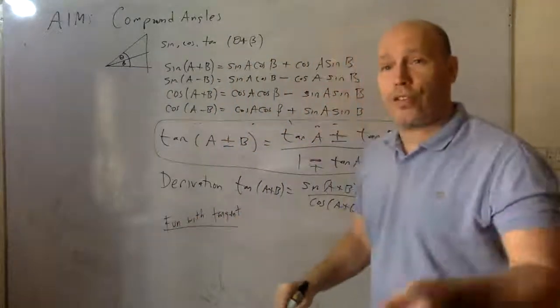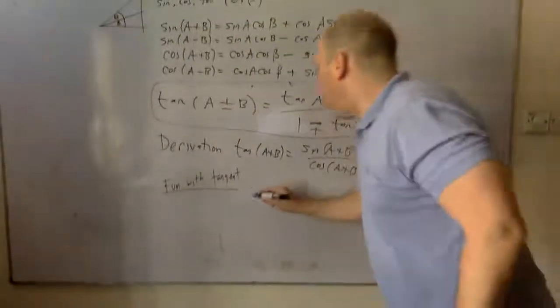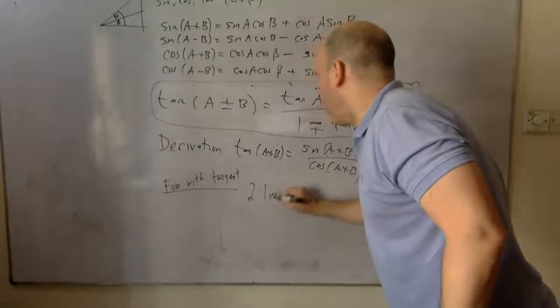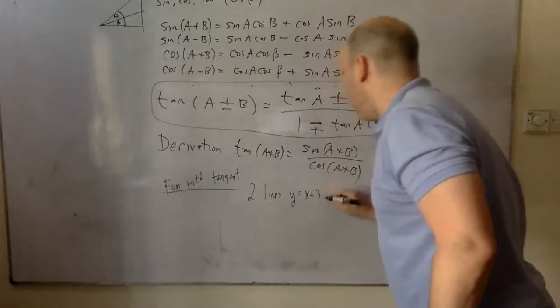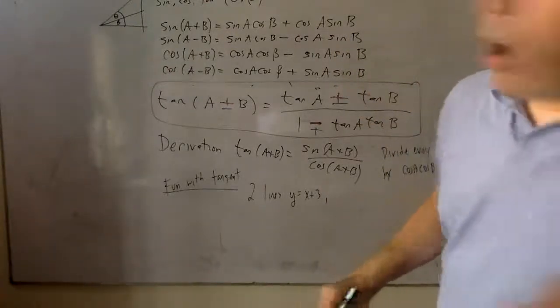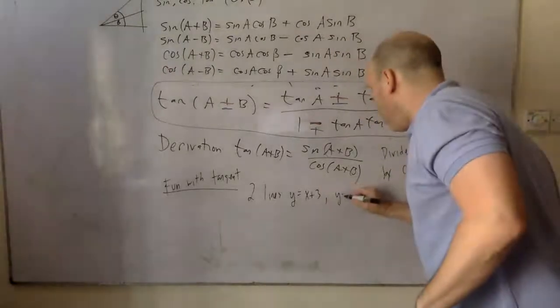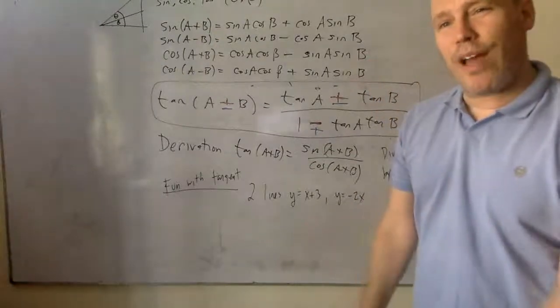It shows up. My question to you is, given two lines, y equals x plus 3 and y equals negative 2x, I want you to find the angle between those two lines.